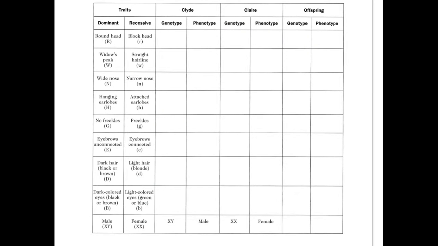So now that we're back at our chart, we're going to assume that I'm spinning the spinner. And let's say for Clyde, we end up with homozygous dominant, which means that Clyde is going to have a round head for a phenotype. And again, we get that from right over here.